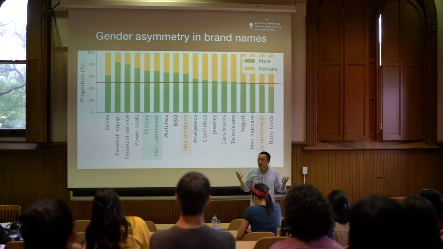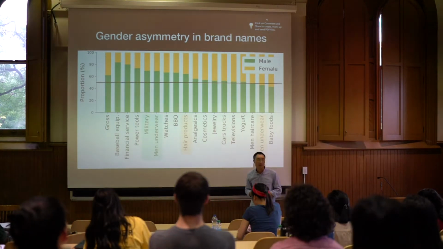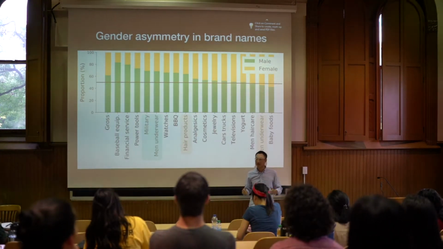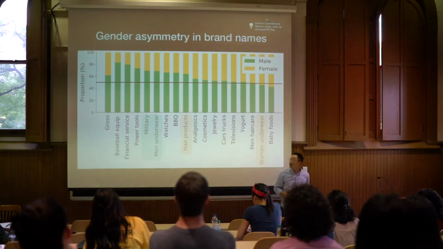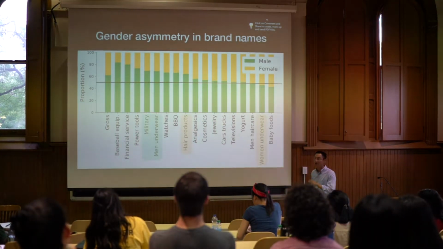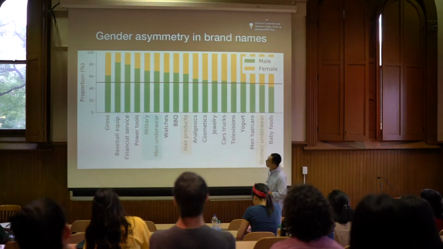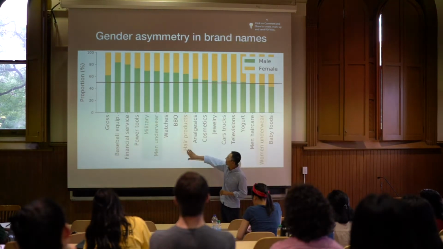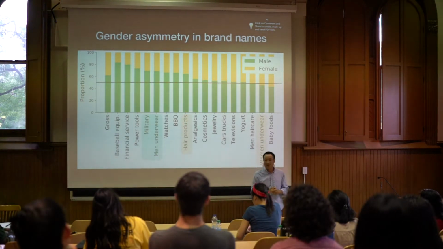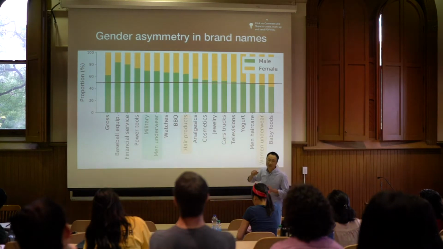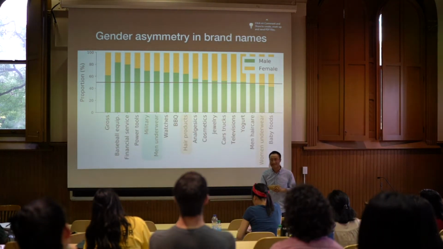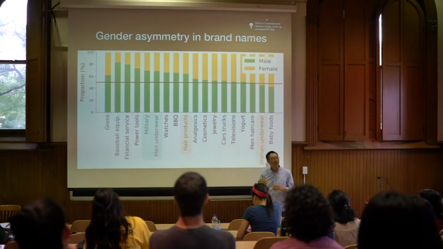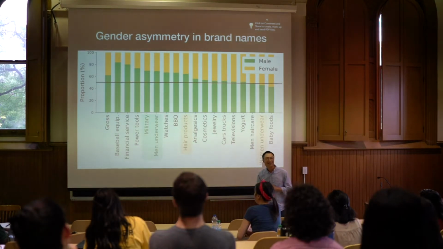So it seems obvious that marketers might want to come up with clearly male-preferred names. But if you look at some neutral product categories like hair products, it seems surprising that male names are still preferred. Does anybody have any intuition why this is the case?